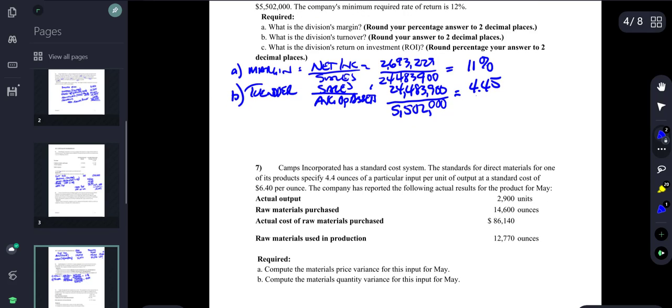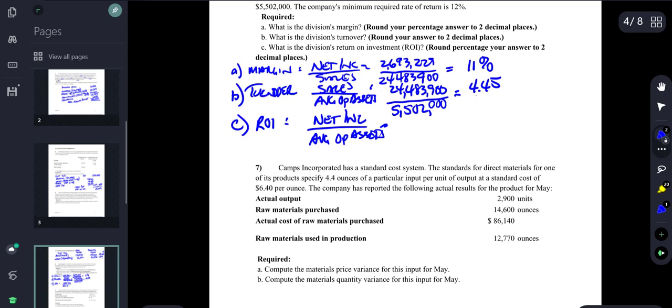The last thing they ask us with number 6 is the return on investment. There are two ways you can do this. Return on investment is going to equal net income divided by average operating assets.